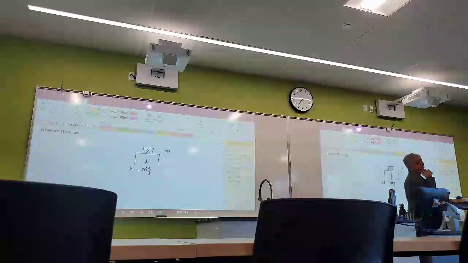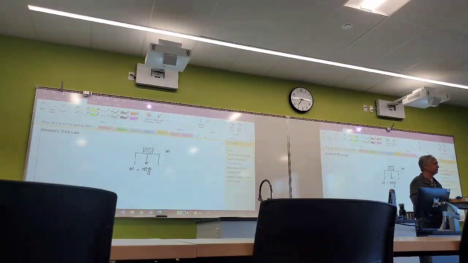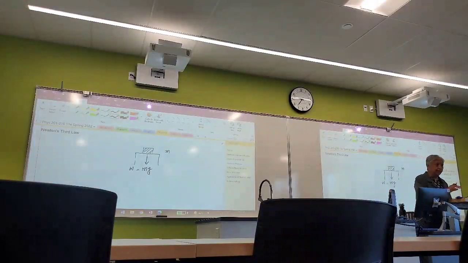And if your book sits on the table, and there is an mg force, then the book should come down, correct? There's a downward force. Yes? But it's sitting there, right? Like this laptop is sitting there. So what can you say?